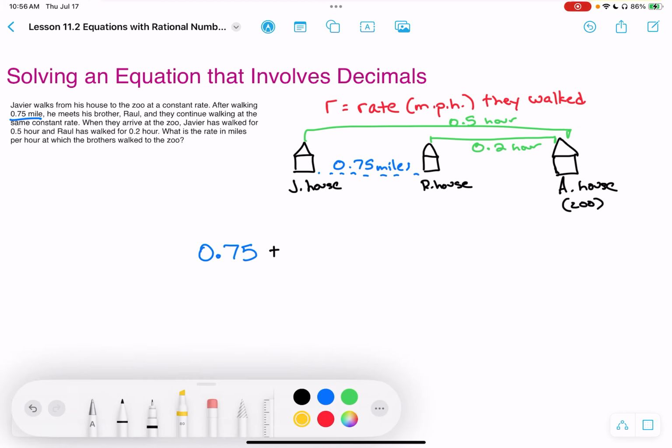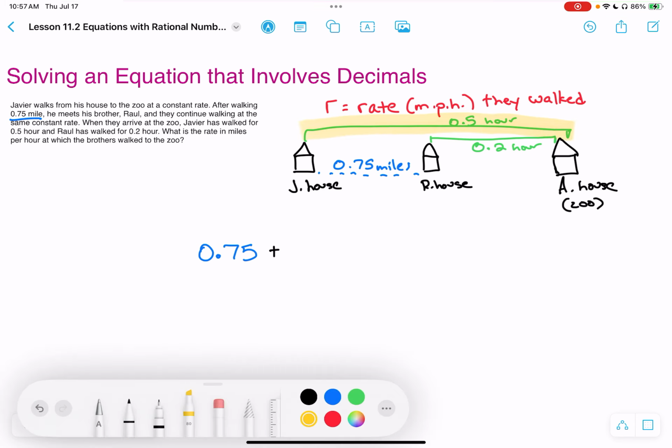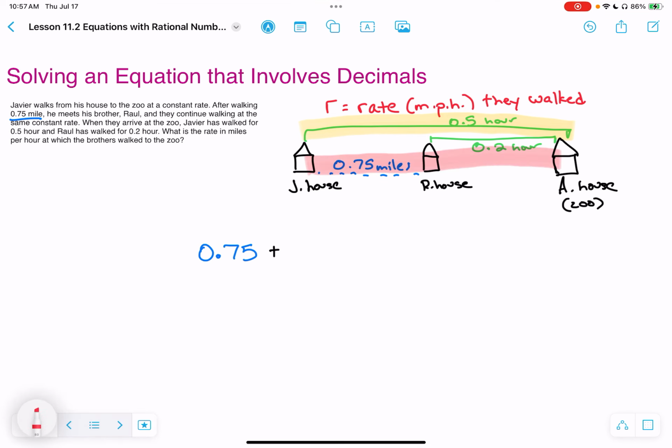Let me see if I can highlight this on the diagram. So Javier did half an hour, and that was the same as 0.75 miles and Raul's 0.2 hours. See how those two highlighted lines are the same? The yellow highlighted line and the red highlighted line cover the same amount.